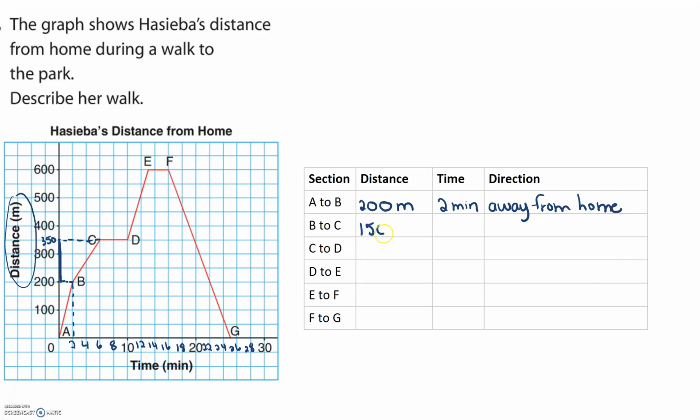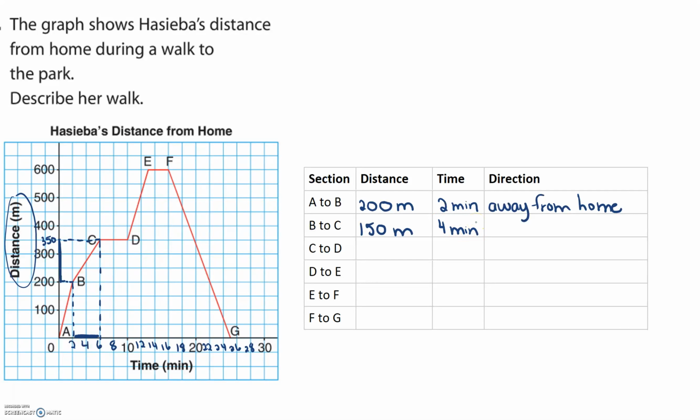A lot of students make the mistake of writing 350 meters, but that would be from section A to section C. We're only looking from B to C, so that's 150 meters that Hasiba is walking. We also want to know the time. Again, don't make the mistake of writing 6 minutes. From B to C, it's from 2 to 6, which means there's 4 minutes passing there.